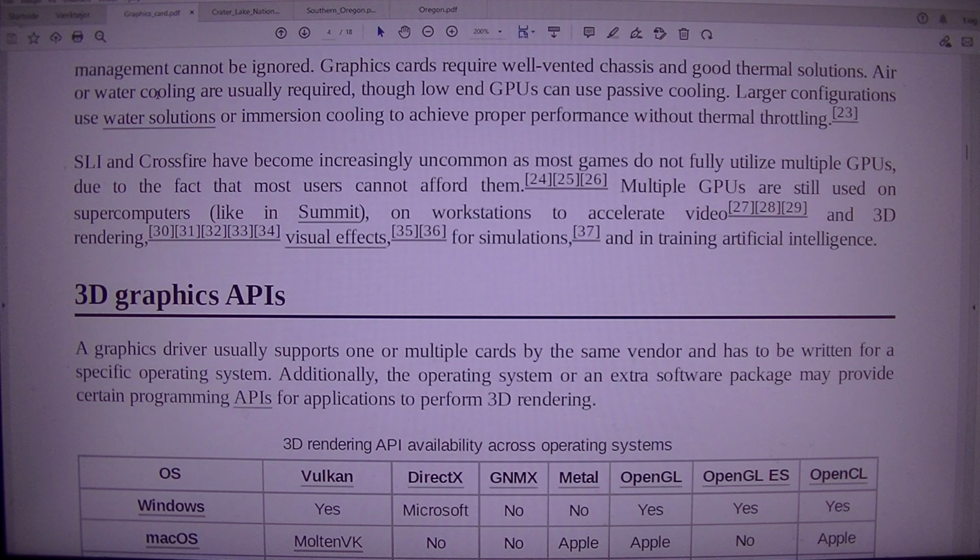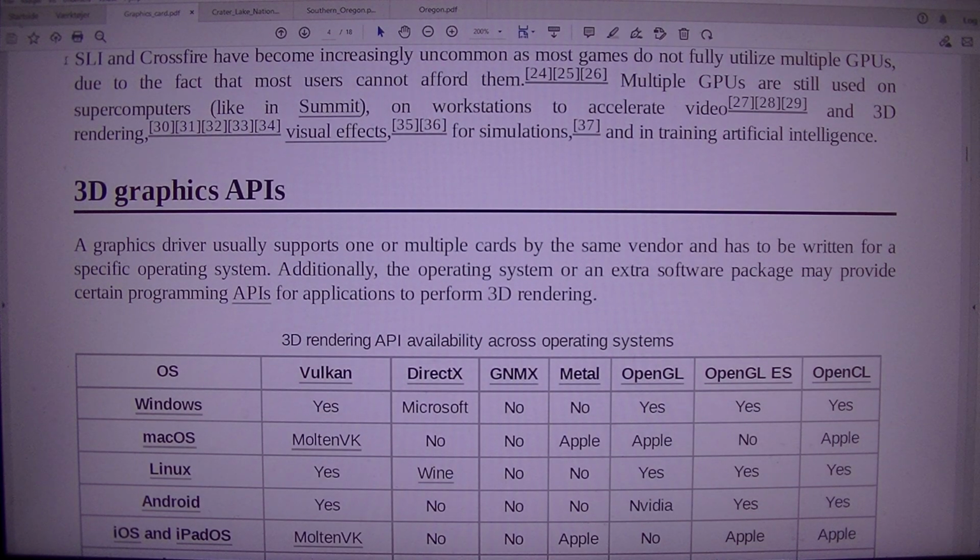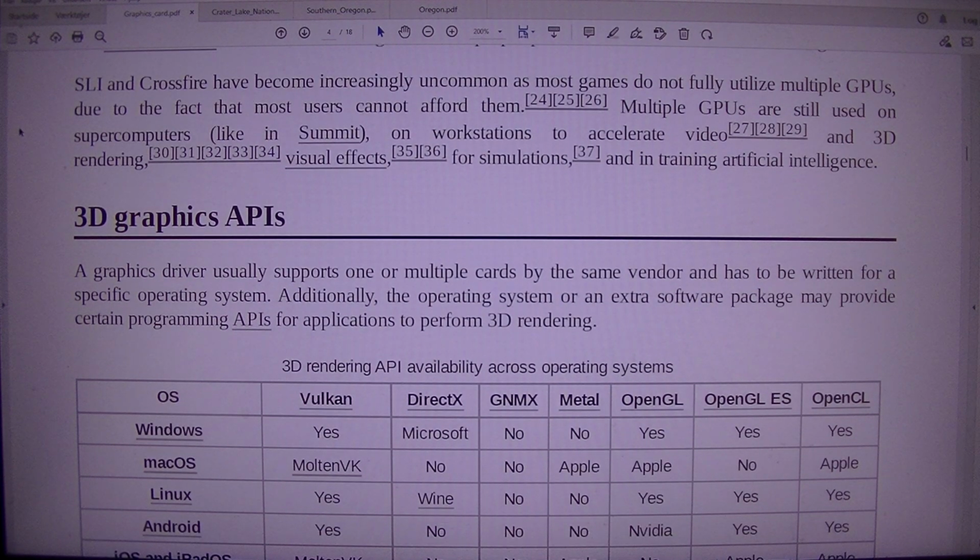SLI and Crossfire have become increasingly uncommon as most games do not fully utilize multiple GPUs, due to the fact that most users cannot afford them.